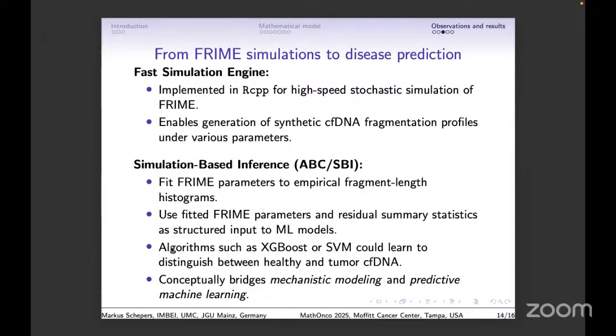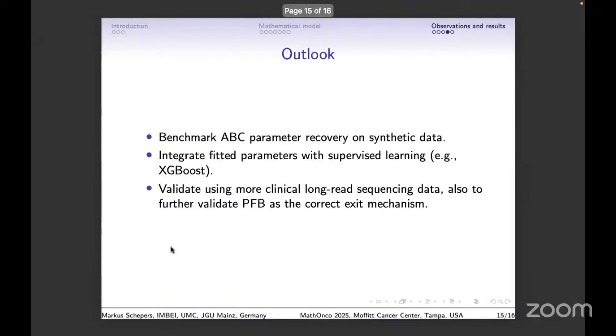The data that we have so far is too small to actually do that. But the conceptual idea is to bridge this mechanistic model, which gives something interpretable, with the predictive performance of XGBoost or support vector machines.